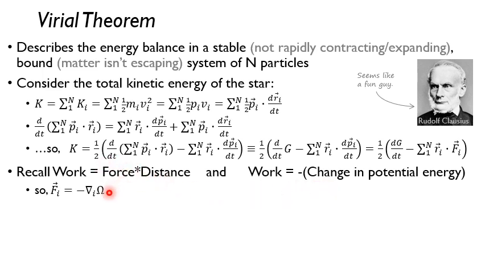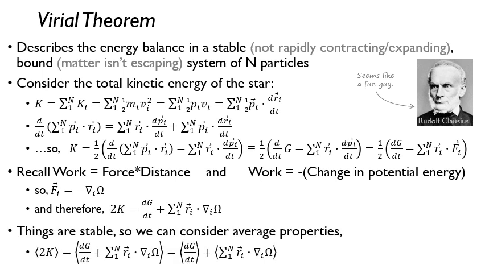Or maybe you just remember this from intro physics as well. So in any case, it's true. And therefore, when we substitute that in, 2 times our kinetic energy is equal to the time derivative of this scalar plus the dot product of the position with the change in the potential energy, which we're using omega for here, because that's what's used in the textbook. Okay, so that's really just been algebra for the kinetic energy so far.